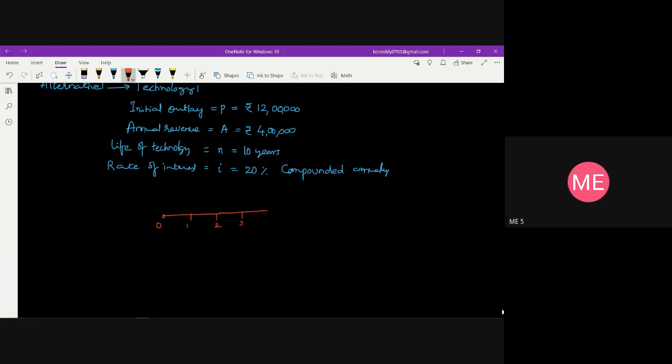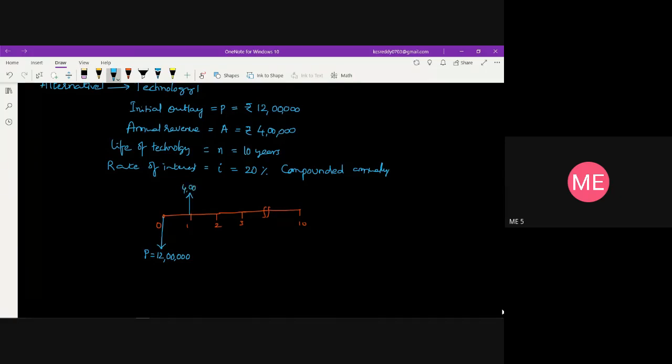Because it is for 10 years, this is the 10th year, and the initial outlay is mentioned as 12 lakhs. So I show the initial expenditure P equal to rupees 12 lakhs.